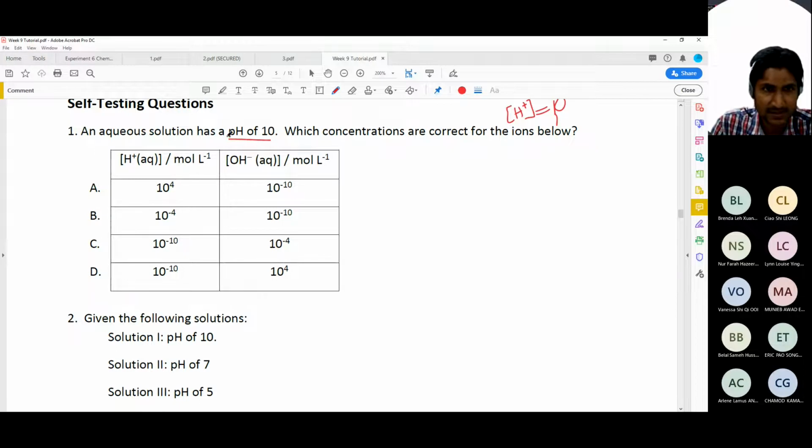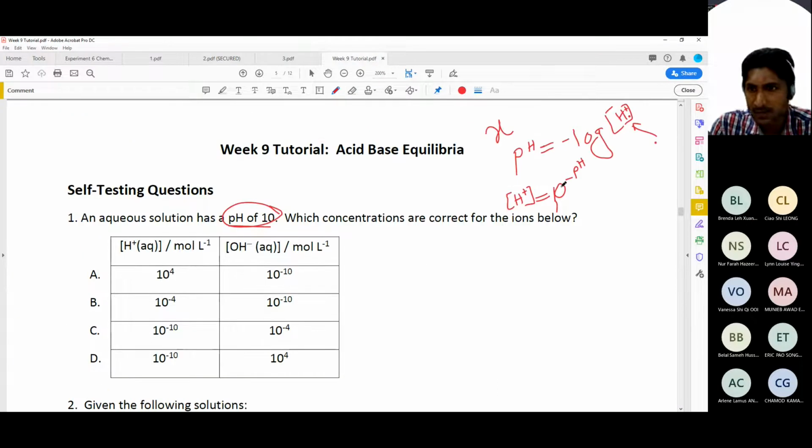So in this aqueous solution, the pH is 10. Another important thing is the pH scale is 0 to 14, right? And then pH plus pOH, both together, is actually 14.